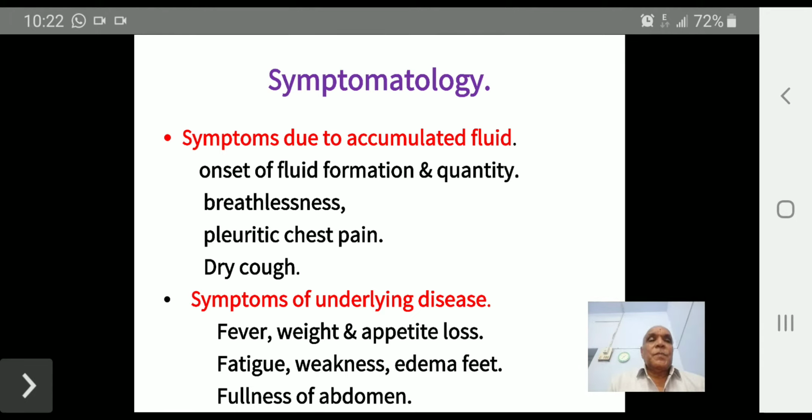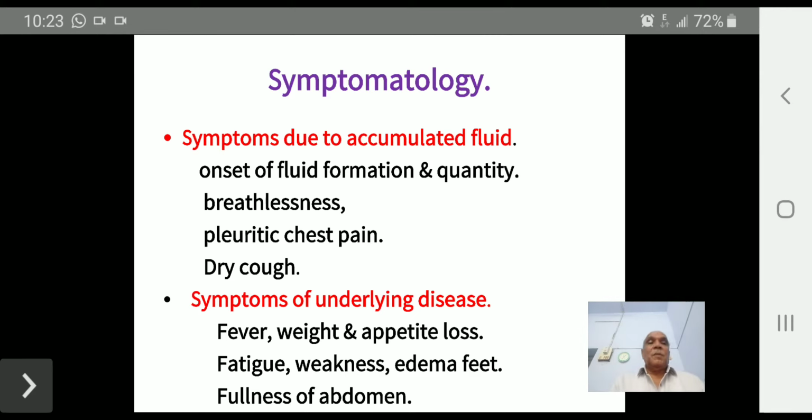When fluid is formed in the space, the symptoms the patient complains of are of two types. One is due to the fluid itself, and the other is secondary to the lesion in the lung tissue itself.